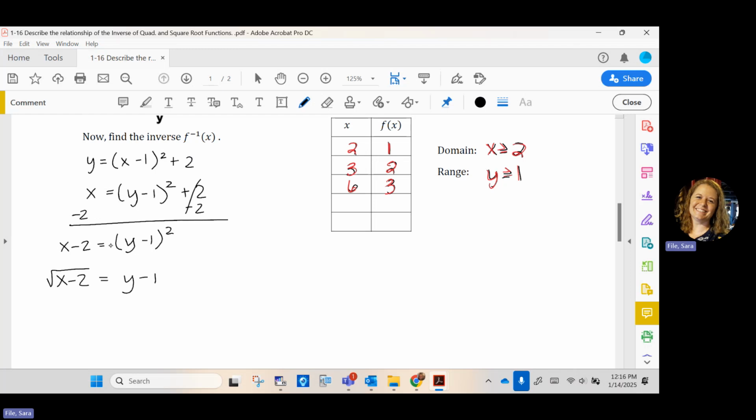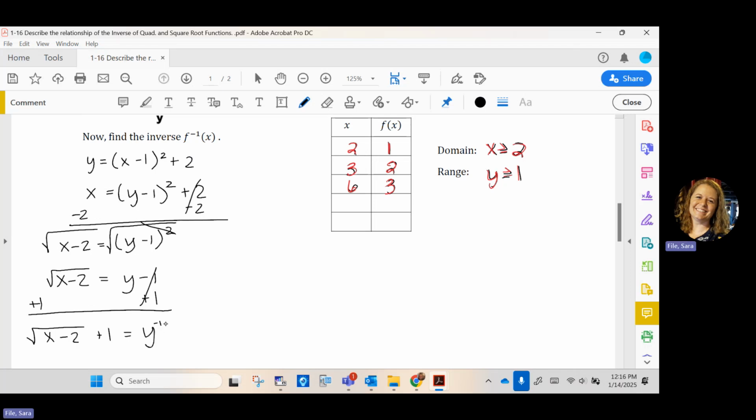If you need to show it, you can show the square root and the square eliminating. And then I need to add 1 to both sides. Now this 1 is not going to get added to that 2 because that minus 2 is under the radical. This plus 1 is not, so make sure you keep that separate. The plus 1 is outside the radical.